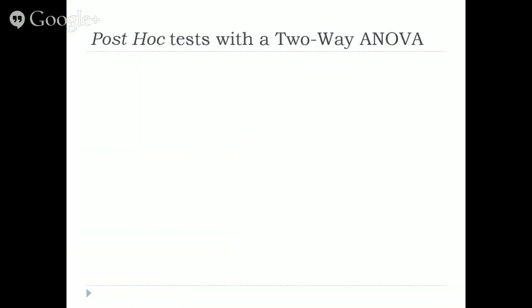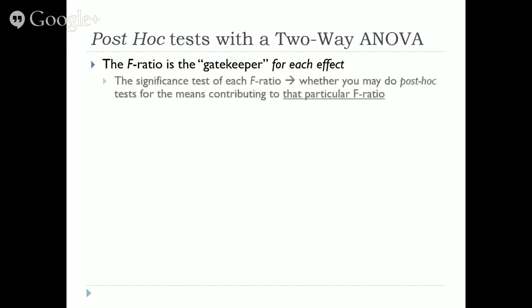Okay. So with two-way ANOVA, we can do post hoc tests as well, and we follow a very similar process to one-way. The F ratio is the gatekeeper, but for each effect, because you have 3 F ratios. The significance test of each F ratio determines whether you can do post hoc tests for the means contributing to that particular F ratio.